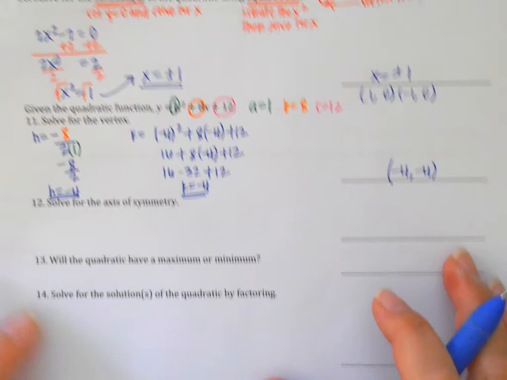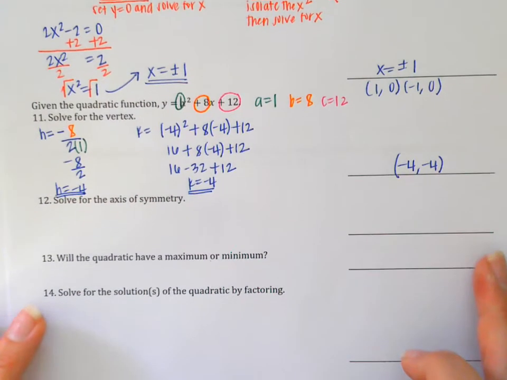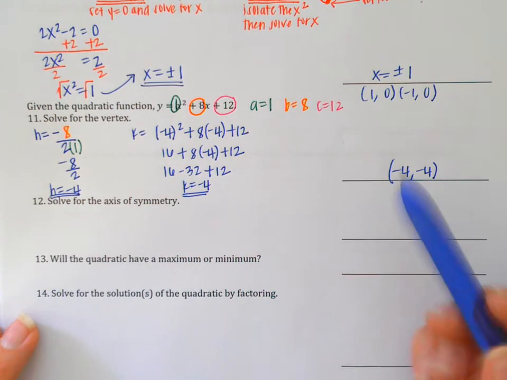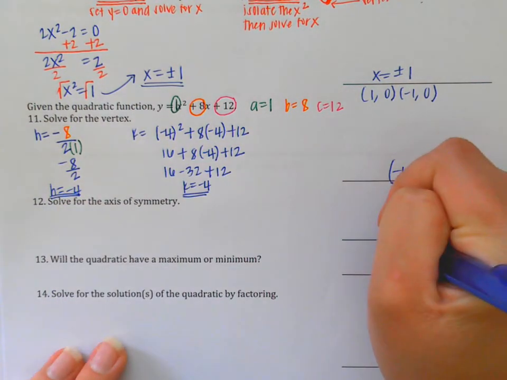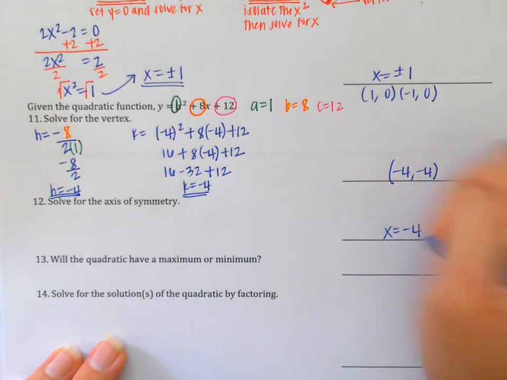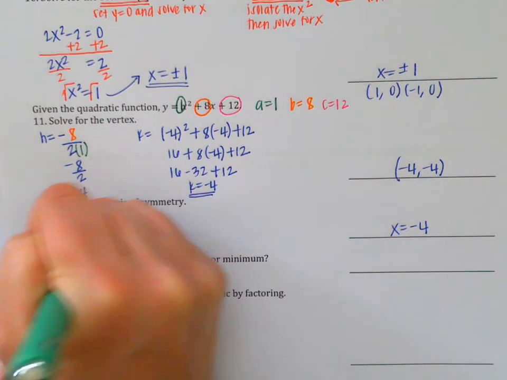So to solve for the axis of symmetry, again, we just look at the x value of our vertex. Our x value of our vertex is -4. So our axis of symmetry is x equals -4. Okay, so will the quadratic have a maximum or a minimum? So remember, we need to look at our a value. Our a value here is 1.